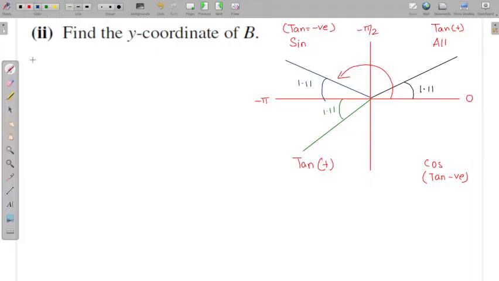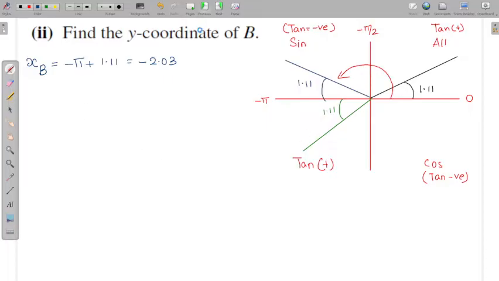Okay, so the x coordinate of B will be minus pi plus 1.11. So this should come to minus 2.03.